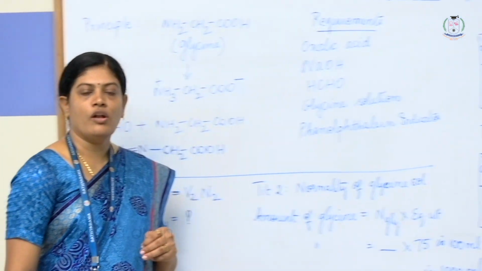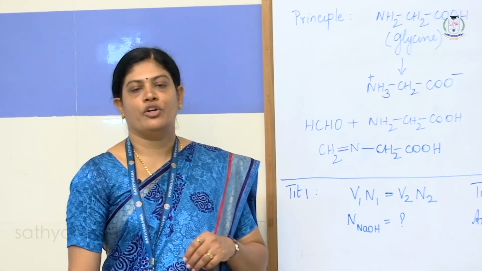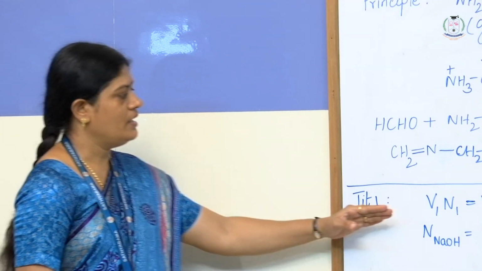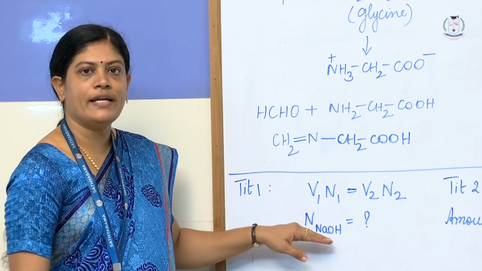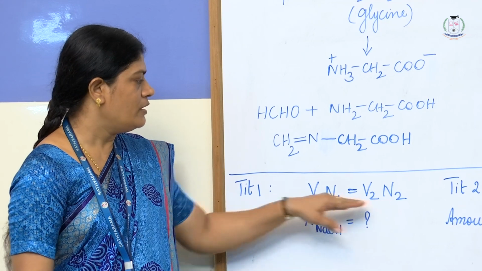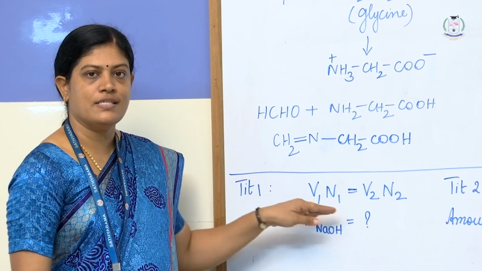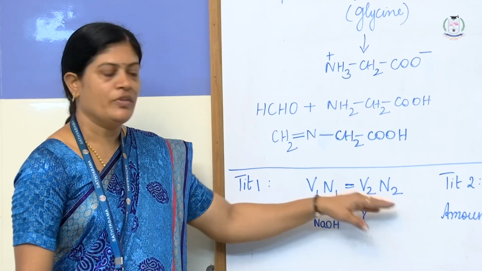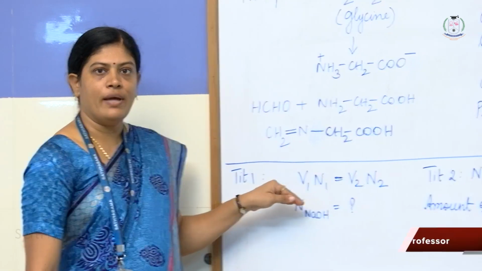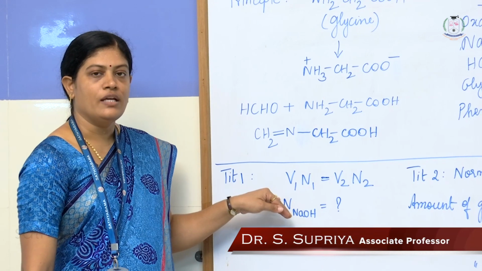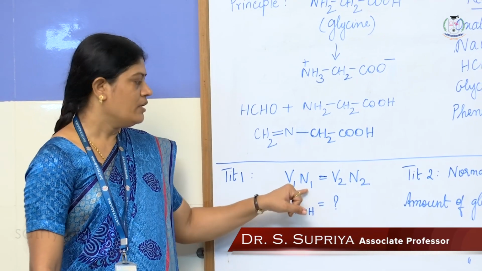The steps involved in the determination of the amount of glycine are: first, the normality of sodium hydroxide is determined from the equation V1N1 = V2N2. V1 is the volume of oxalic acid, which is 20 ml, what we have pipetted out using a pipette.